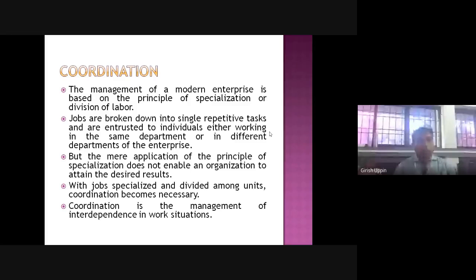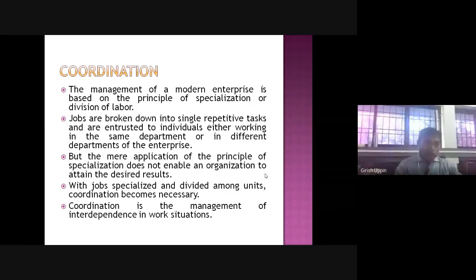Whatever work is being carried out is broken down and given to different people in the same department, or to departments across the enterprise.